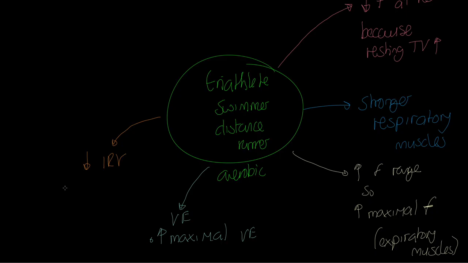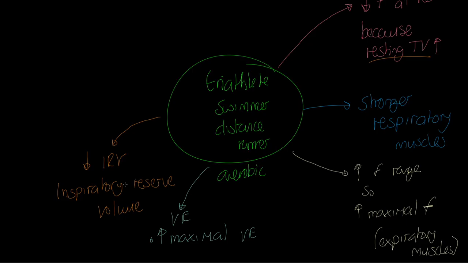Now let me explain what this is. IRV is the inspiratory reserve volume. And what that essentially means is that once we are trained and we're sort of aerobically fitter, because our tidal volume has gone up, the sort of reserve in the lung is less. The inspiratory breathing in reserve is less. As a result of that, of course, tidal volume goes up.